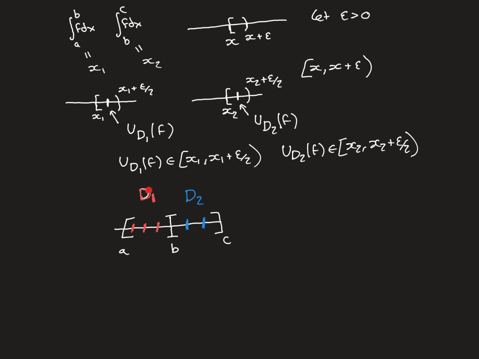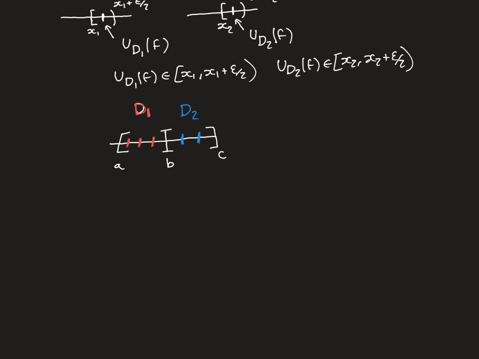So it's the number in here plus the number in here minus 1, because we're counting B twice if we were to just add the number of numbers in each of them, because they both share B. We'll call that overall dissection of the interval AC the dissection D bar.